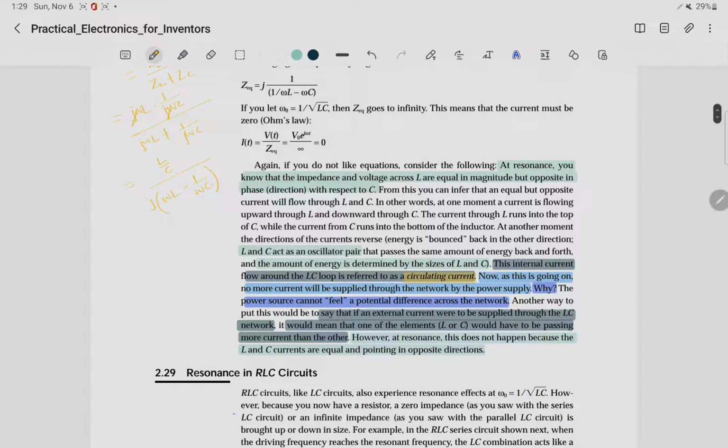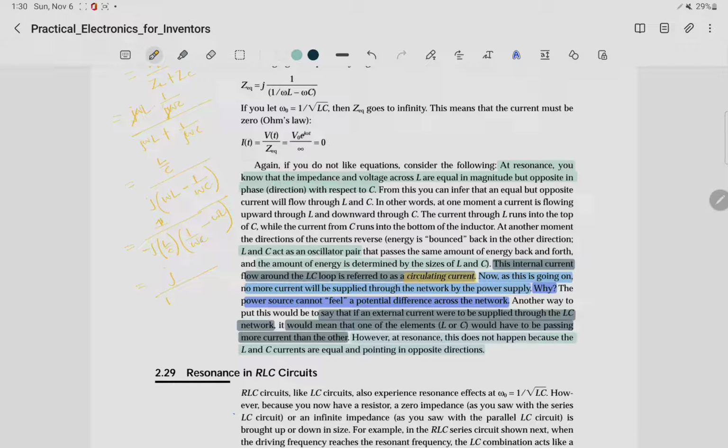Now if we pull out the negative here to attach the j such that we can take it up, we shall have negative j, say, 1 over LC, here we shall have 1 over omega C minus omega L. Remember, I've multiplied the inside part by a negative and pulled it out, so you can take the j up.